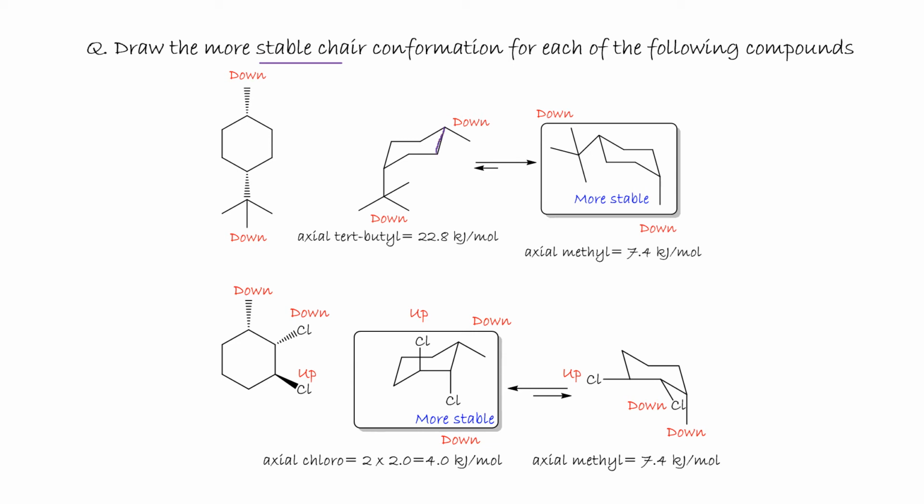Drawing the chair, the down will be equatorial, and 1, 2, 3, okay, 4 from each other. That will be down will be the axial. If we flip it, this will be axial and this will be equatorial.